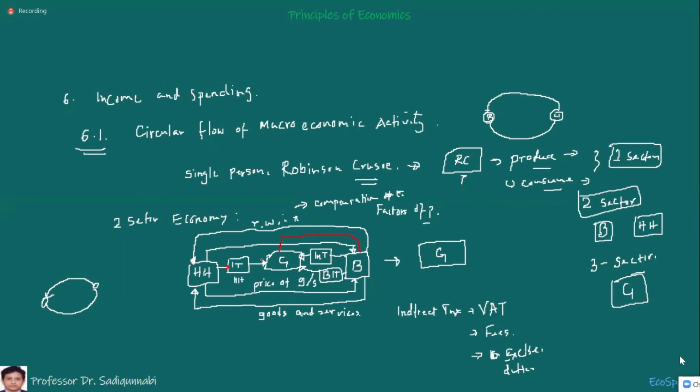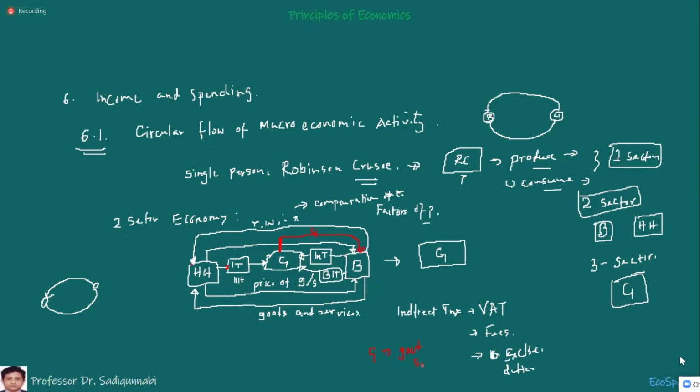Okay, so government is directly flowing resources from the government sector to business, and this flow is called G. What is G? G is government spending.